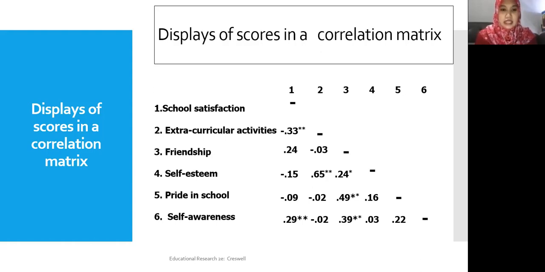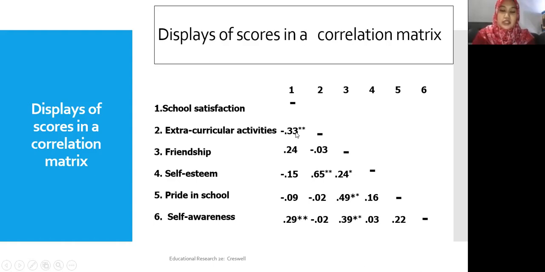Okay, so this is the example display of scores in a correlation matrix. Here, the researcher wants to know the correlation among 6 variables, such as school satisfaction, extracurricular activities, friendship, self-esteem, pride in school, self-awareness, okay? And actually, each correlation only shows 2 variables. So here, for example, the correlation between extracurricular activities and also school satisfaction.